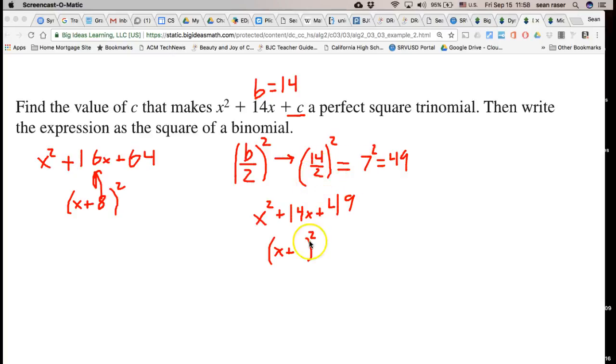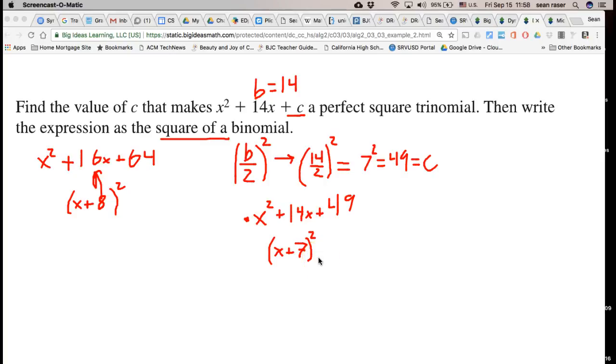Here, b over 2 is just 7, so we've got x plus 7 squared. So in this example, our c value would be 49, our perfect square trinomial would be x squared plus 14x plus 49, and writing it as the square of a binomial would be x plus 7 squared. That's b over 2, and then squared.